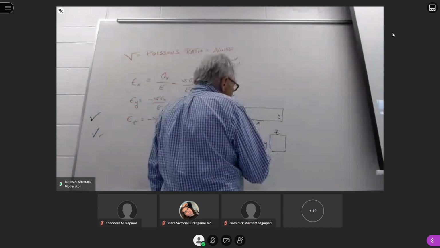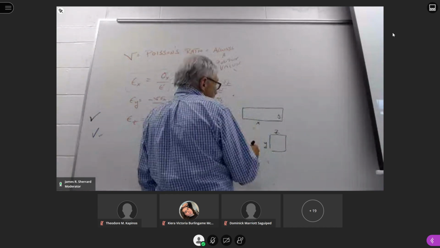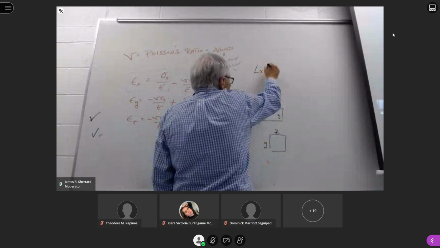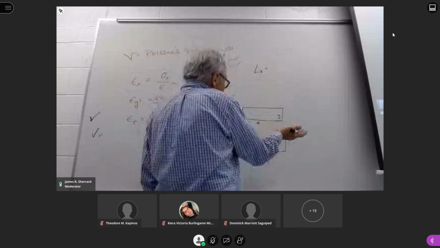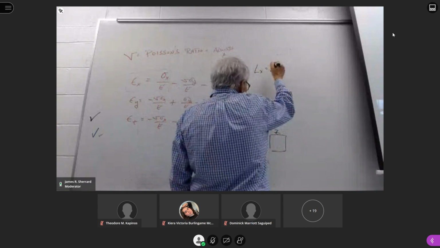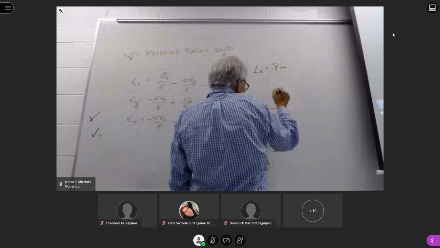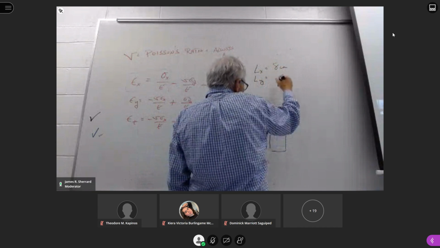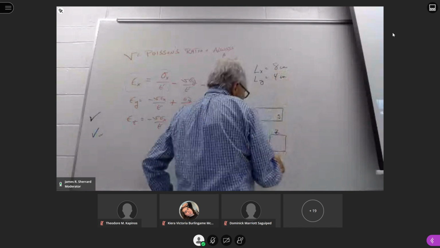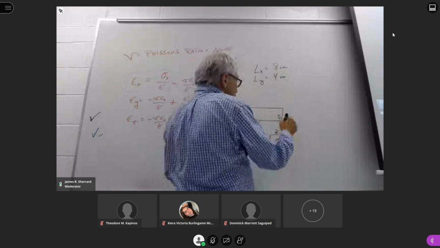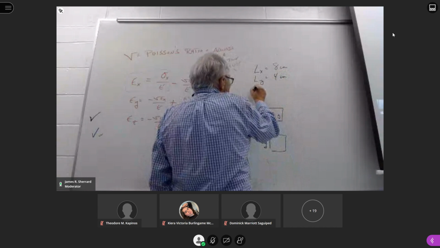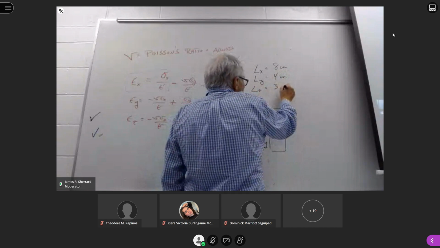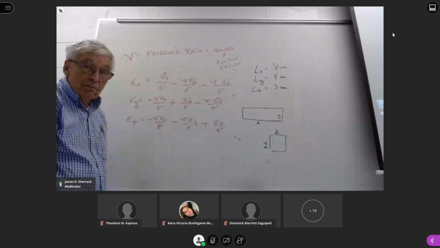Let's say I gave you a bar that had certain dimensions. So length in the x direction is 8 centimeters. Length in the y direction is 4 centimeters. If we turn it around, the depth is 3 centimeters.